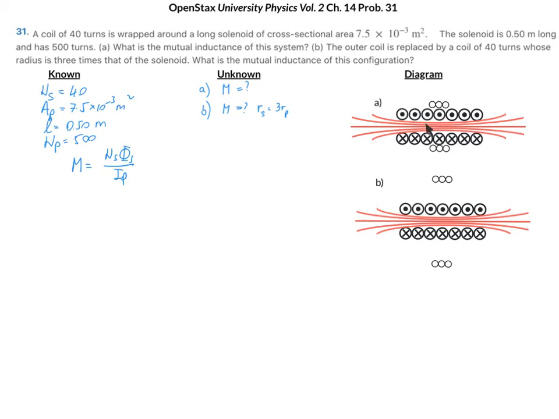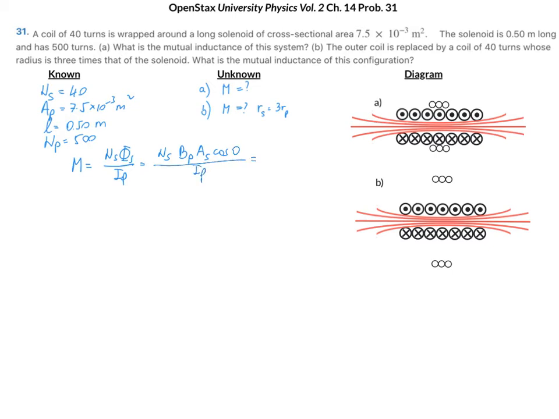The magnetic field is the magnetic field inside the solenoid, caused by the solenoid, and the area is the area of the solenoid. So this will be number of turns secondary times magnetic field caused by the primary going through the area of the secondary, which is the same as the area of the primary, cosine of the angle between the direction of the area vector and the magnetic field. So that would be cosine 0, divided by the current in the primary.